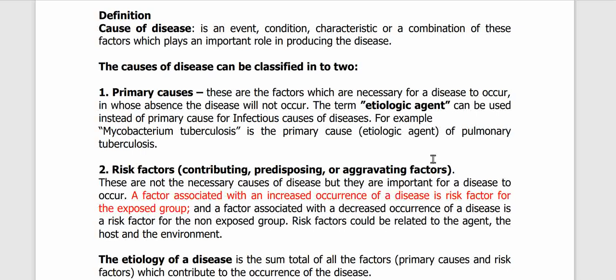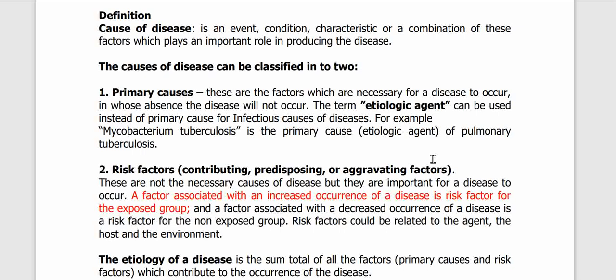You get? So the risk factors are not necessarily the causes of a disease, but they are very important for a disease to occur. A factor associated with an increased occurrence of a disease is a risk factor for the exposed group.